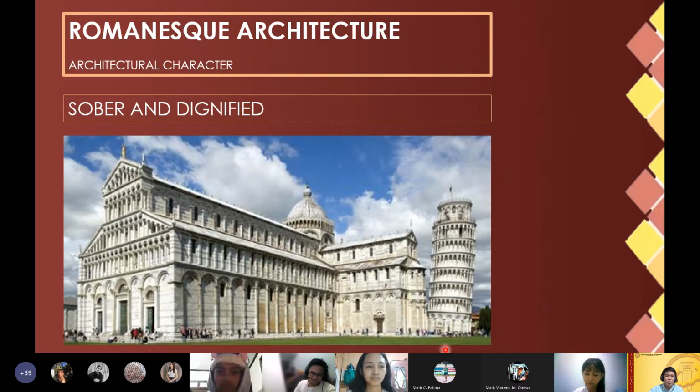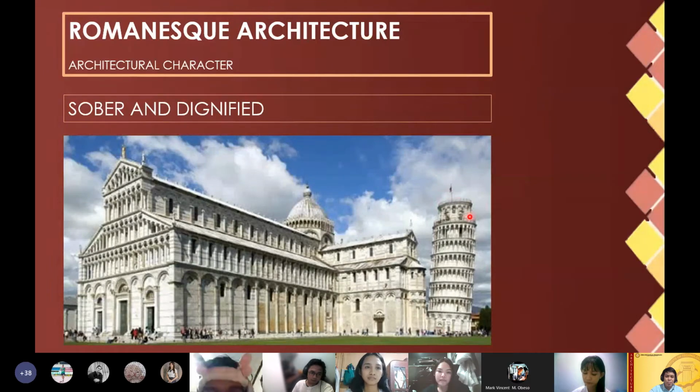The sober is in the design, but unfortunately, I think you're very familiar with this building. This is the Pisa Cathedral. This is one of the best examples of Romanesque architecture. Unfortunately, it has a problem with its soil.